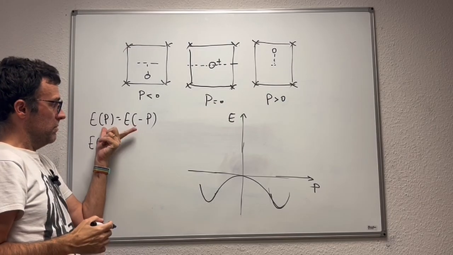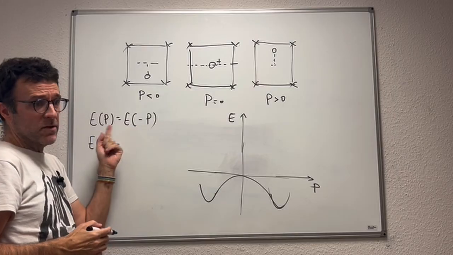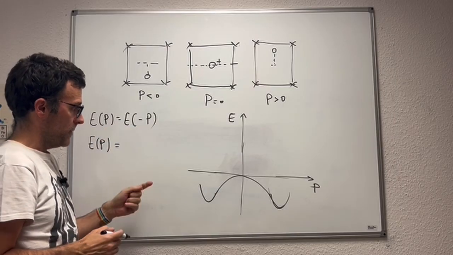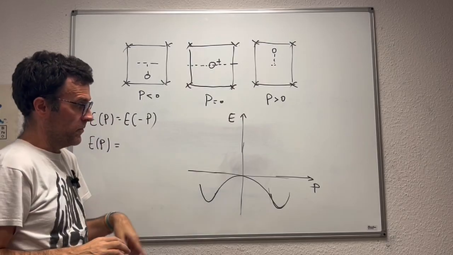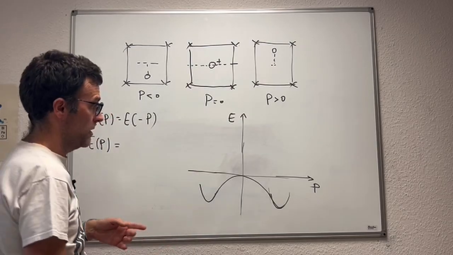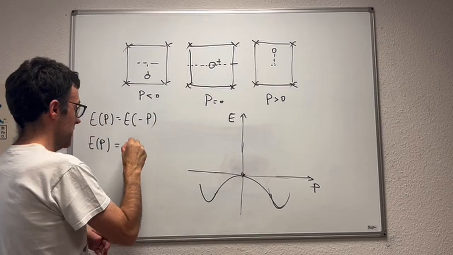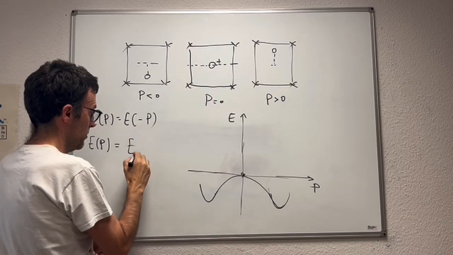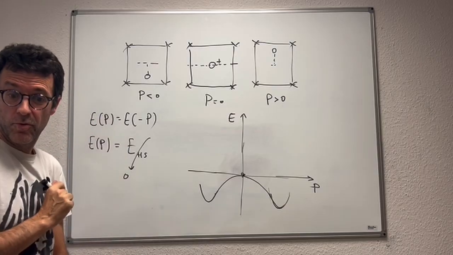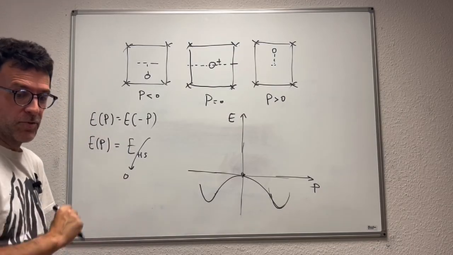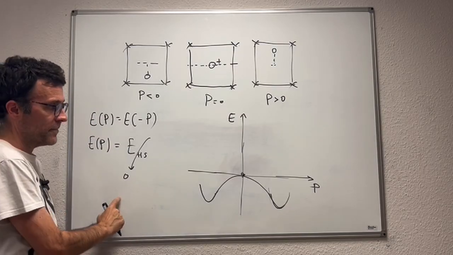If you see, this condition means that, well, how do we find a simple form for this function? A very practical approach is to imagine that I start from the energy of the high symmetry configuration, which is 0, by the way. Well, I can choose it to be 0. So let's choose it to be 0 for simplicity.